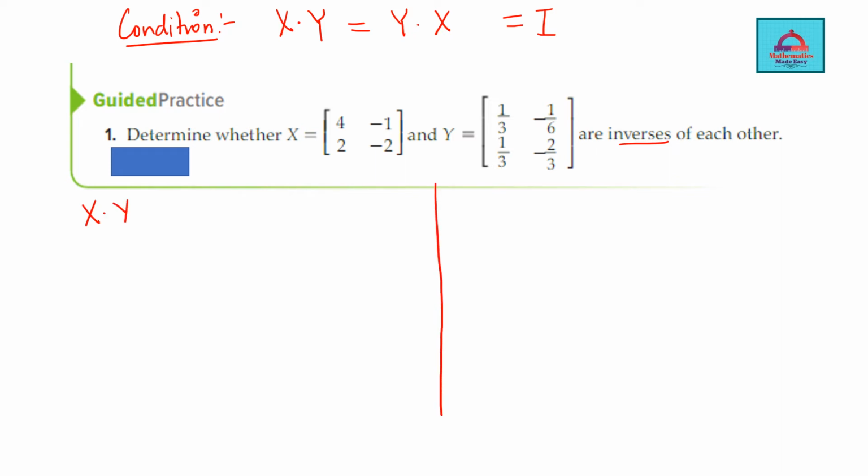Let's divide the sheet into two parts. Then we will multiply Y with X, so we'll change the order and see if this comes out to be identity or not. So let's write the two matrices. I want you to observe the difference. When I'm doing the product X multiplied with Y, X is coming first, followed by Y after it.